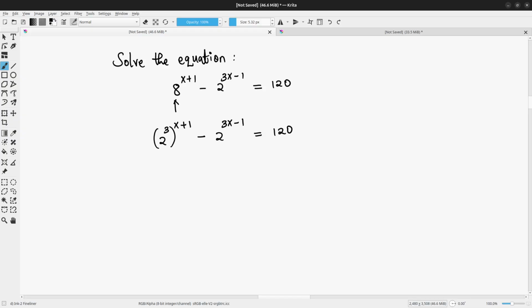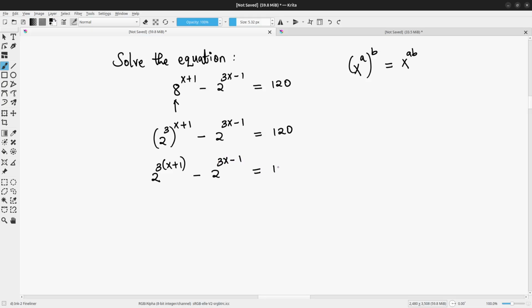Then remember that when I give you x to the power of a and then to the power of b, this is the same as doing x to the power of a times b. So in our case, this is the same as doing 2 to the power of 3 times x plus 1 minus 2 to the power of 3x minus 1.